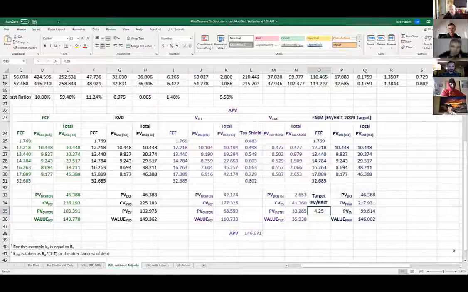I used that multiple largely because I know enough about the firm that I was able to go through and deal stats and pitch book and the various ways that we would find multiples, and I identified that a 4.25 multiple is a realistic multiple based upon market comparables.